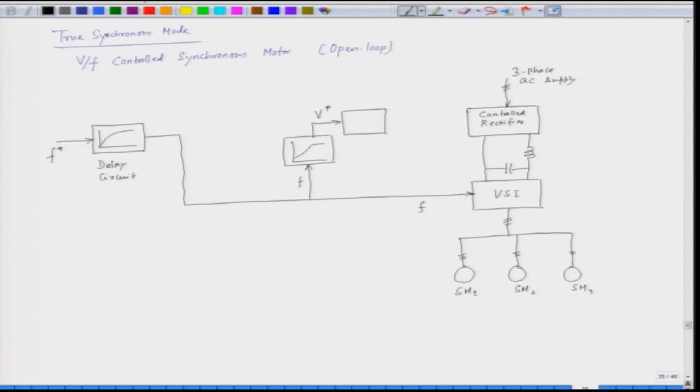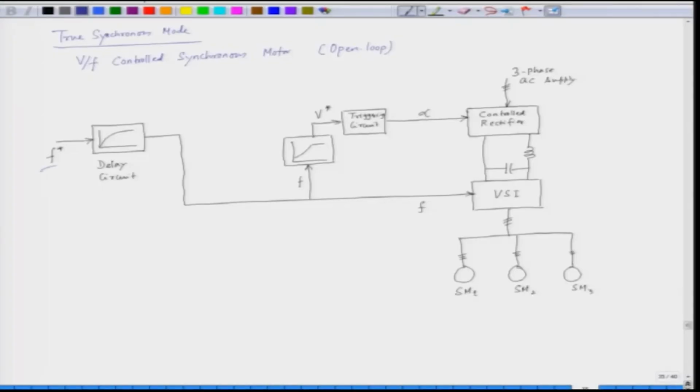V star is the reference voltage, and then we have the triggering circuit. And the triggering circuit gives the angle alpha for controlling the DC link voltage of the VSI.